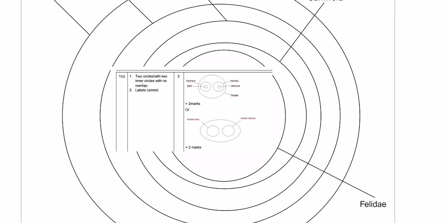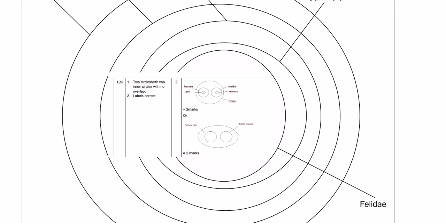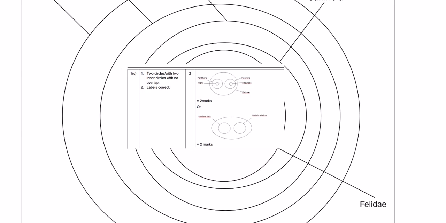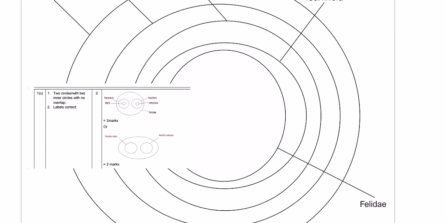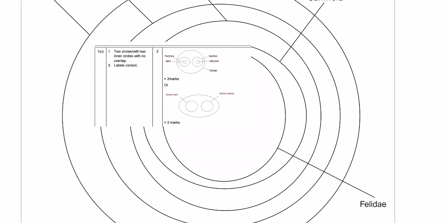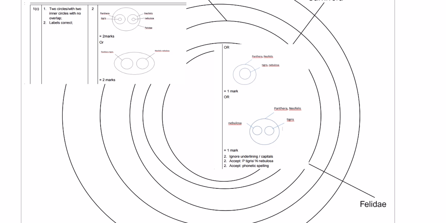So for the correct answer, the 2 circles with 2 inner circles and no overlap is for 1 mark, and then labels are correct. And you can see actually there's different ways of doing it. All right, you could put Panthera and Neofelis all inside that circle there. I'll just point at that circle. So the circles here, Felidae, okay, basically all of that information is going to be inside those circles there for the 2 marks.